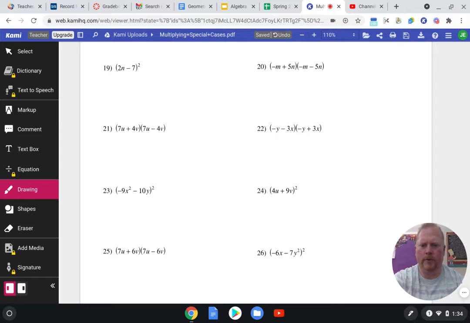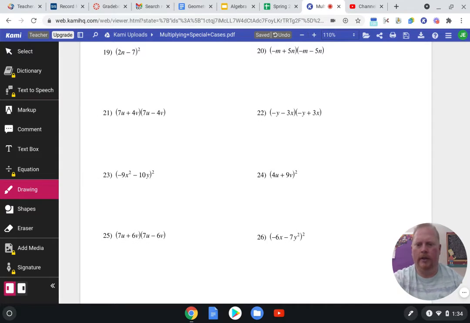That's a good one right there, number 23. Negative 9x squared minus 10y squared. Okay, so here we go. I'm going to take the first term, negative 9x squared. A lot in there, so I'm going to put it all in parentheses and know that I have to square it. That's the ugliest 2 I've ever seen.